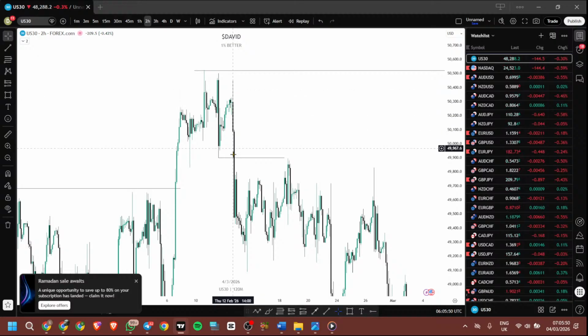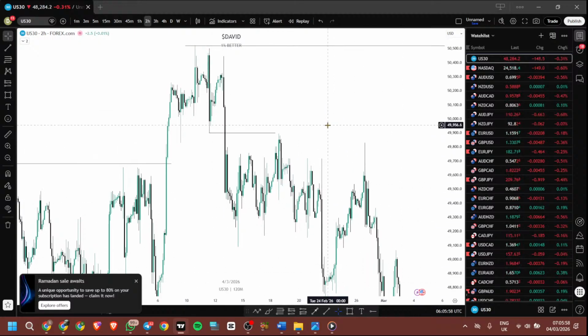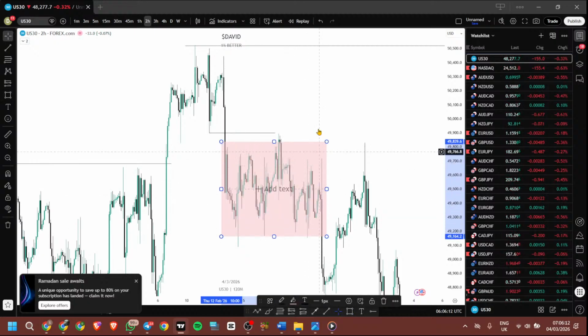When we see a massive sell like this, it is an indication that price will likely continue going down, right? So here we had the what? After this sell, we had a rally upward. We could call this our consolidation zone. Everything here, we could call it our consolidation zone, right?